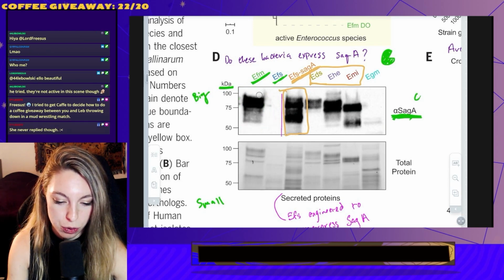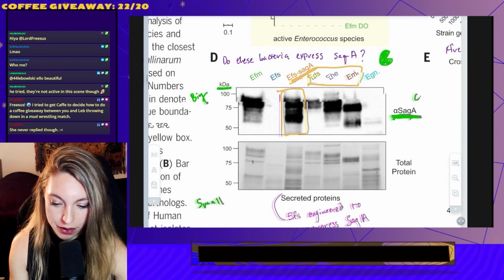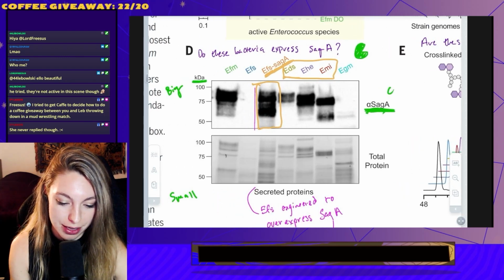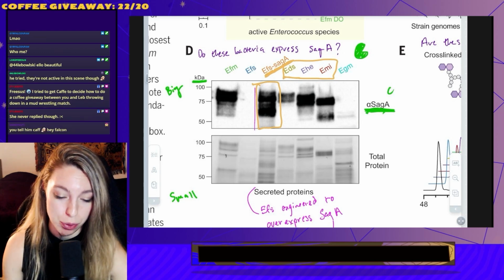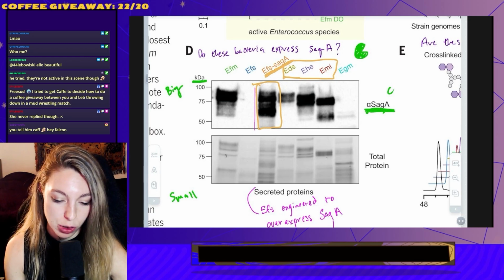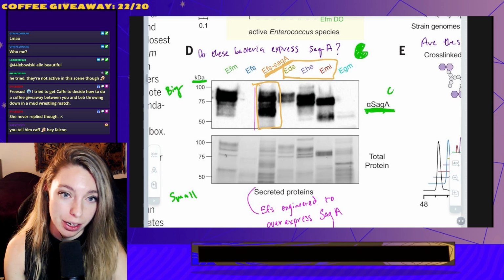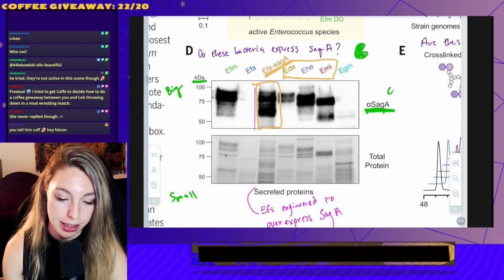But they can use protein genetics to make the bad bacteria express this SagA special enzyme. This is going to come up later because they're going to test whether this new engineered strain of E. faecalis with SagA can actually clear the tumor. That would suggest that SagA is sufficient for causing this anti-tumor effect.